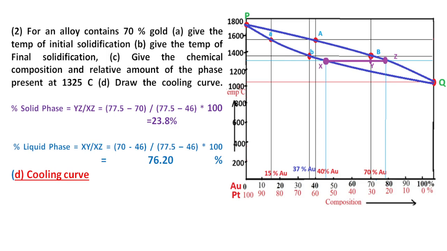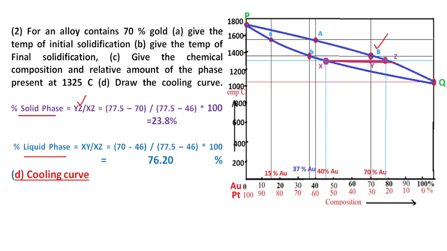Relative amount of solid phase and liquid phase for this tie line. Solid phase is YZ divided by XZ, and liquid phase is XY divided by XZ.